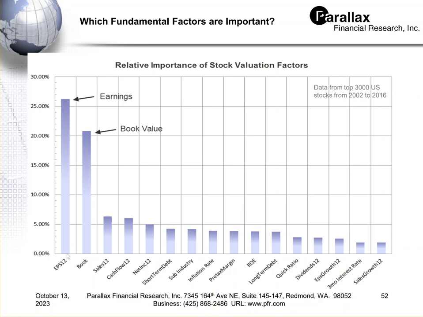Which are the most important factors? This graph shows the factors that we use down below here, and the relative importance of each of these valuation factors. And earnings and book value are the most important, which are the two factors that Benjamin Graham highlighted as his most important factors for determining value, which is nice.